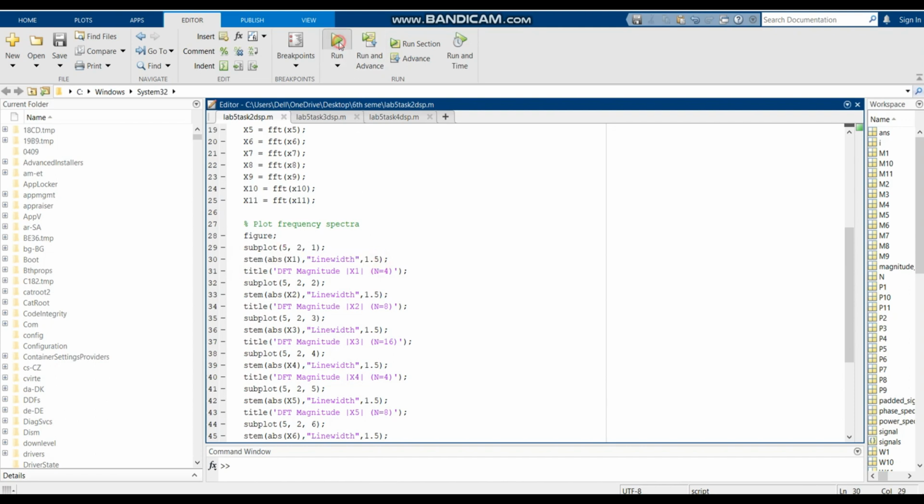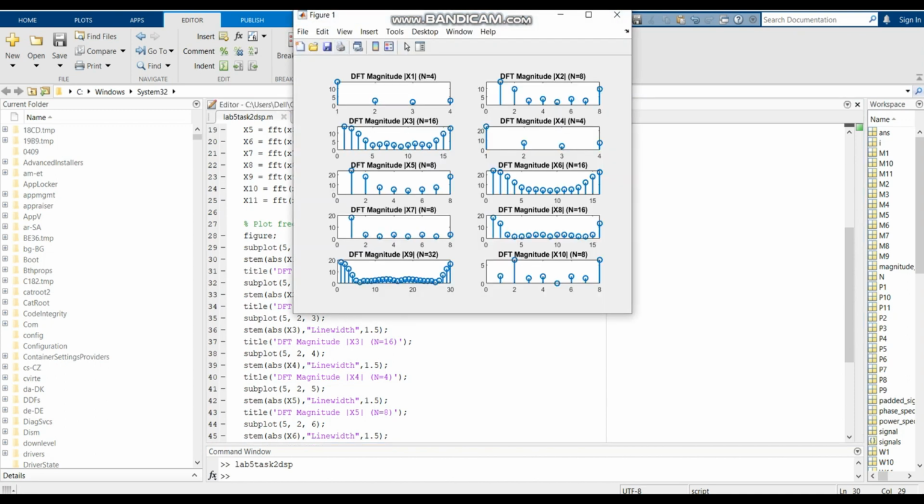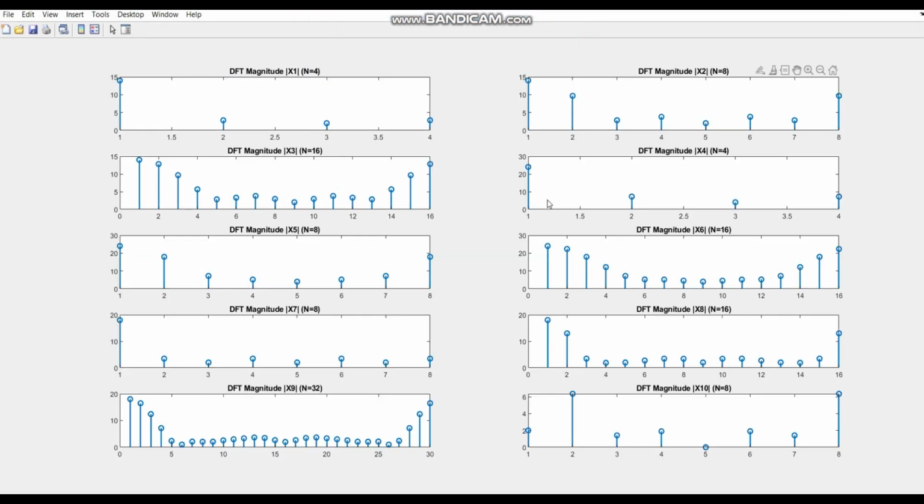By running the code, here we can see each subplot represents the magnitude spectra of a specific signal with titles including the signal's length n and its corresponding index. This code facilitates the observation and comparison of frequency spectra for signals with different lengths and degrees of zero padding, illustrating the effect of zero padding on frequency resolution in the DFT domain.